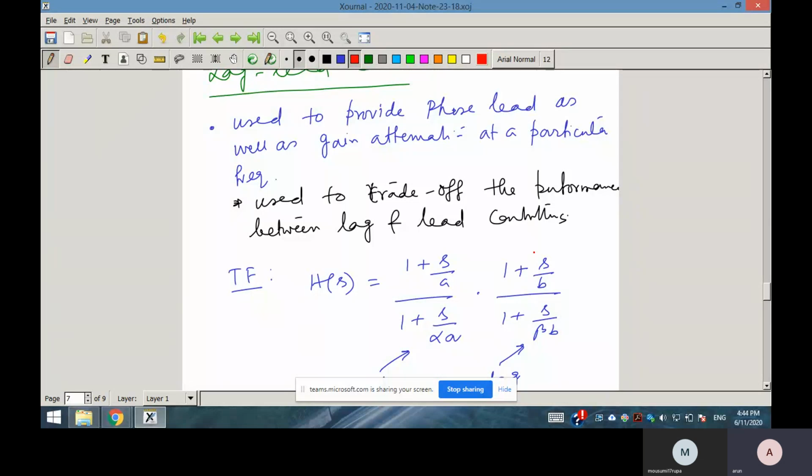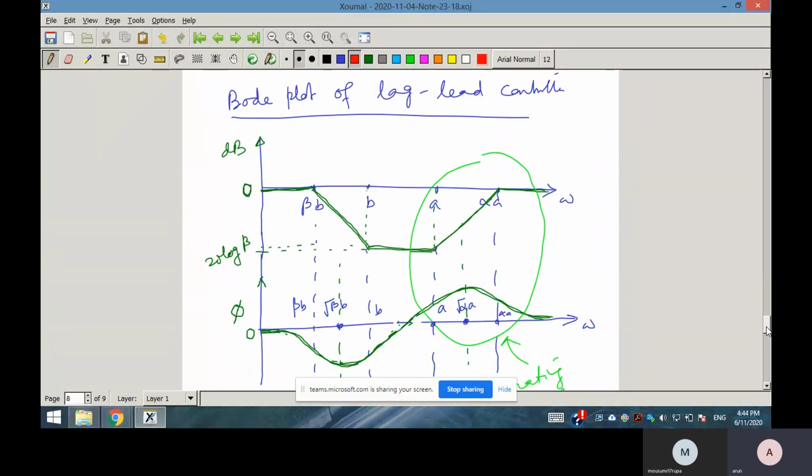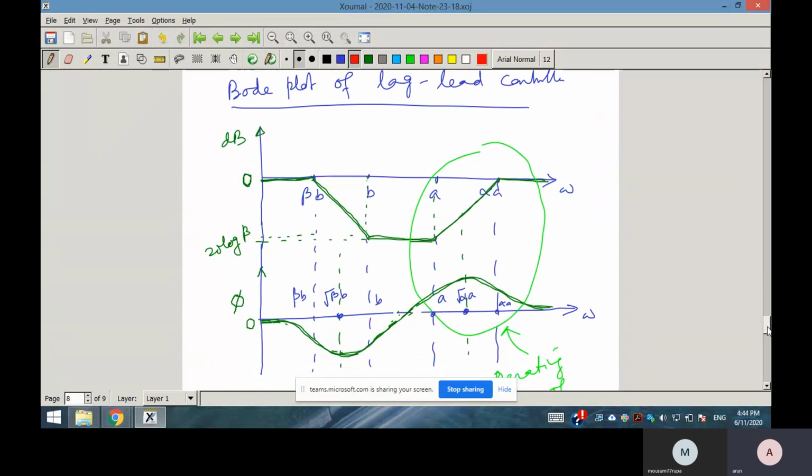So their lag part and lead part are connected in cascade. You can see that alpha beta equal to 1 and A is greater than B. So as alpha beta equal to 1, here you can see the magnitude is 20 log beta, and here also 0 dB.